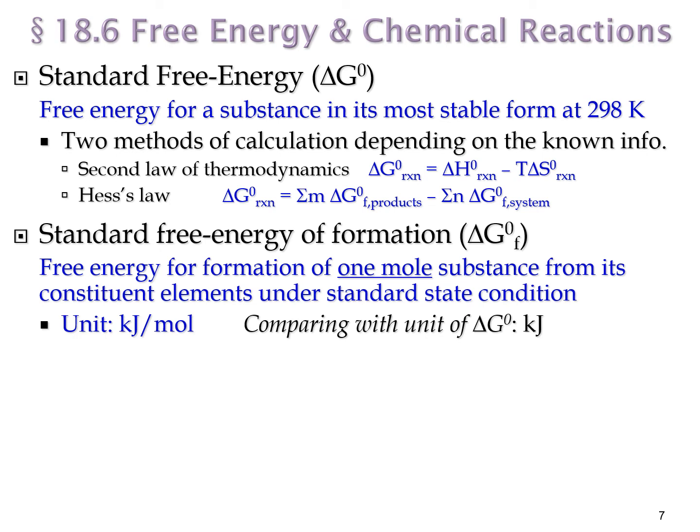It has the unit of kilojoules per mole for delta G0 f. And I want you to watch out, the unit for delta G0 there is kilojoules. So there's some difference there.